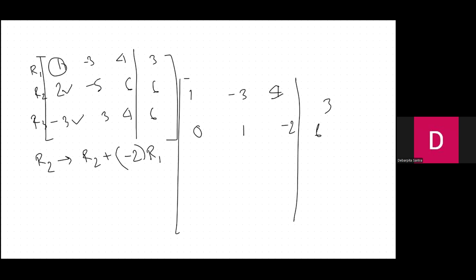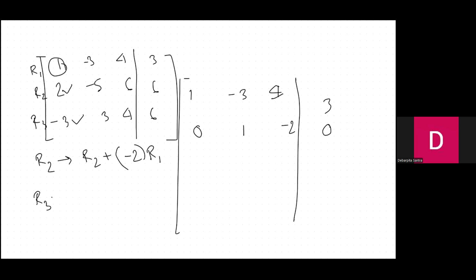I hope you have understood how this row operation is changing the row values. So we have obtained 0 here. Now let us move to the third row, first column, which is minus 3. That minus 3 also should be made 0. So what will be our row operation? Similar kind of thing.